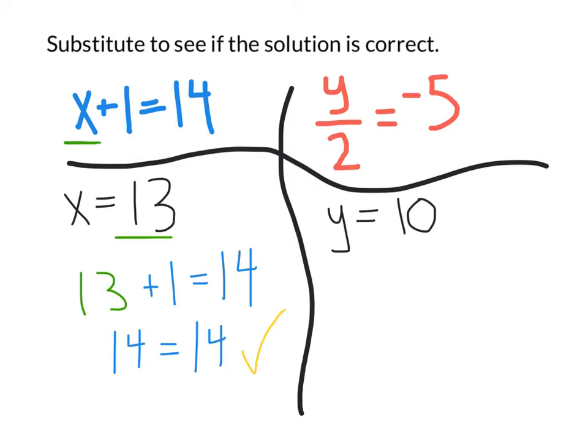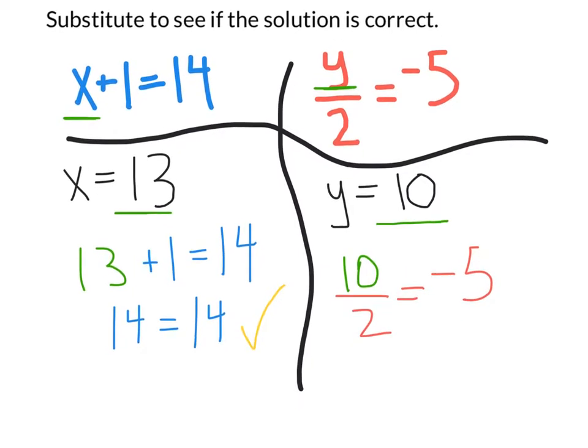True. Right over here, we have y divided by 2 equals negative 5 with a solution of y equals 10. All right, let's take that y equals 10, plug it in for this y up here. That's going to give us 10 divided by 2 equals negative 5. All right, now what is 10 divided by 2?